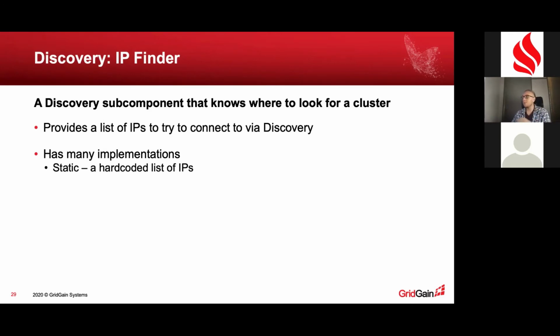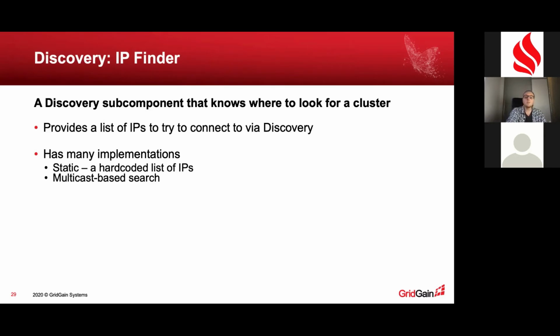The one that is most widely used is the static IP Finder, which basically means that each node just has, in the configuration, a list of predefined hard-coded IPs which it will be trying to connect to, which makes a lot of sense in most systems, especially when running on bare metal on premises.